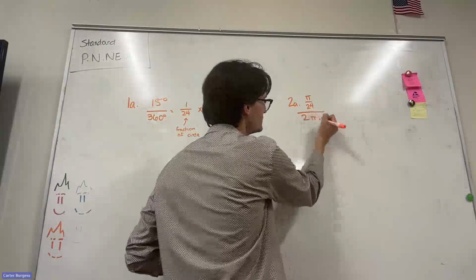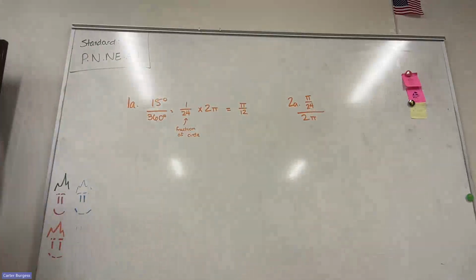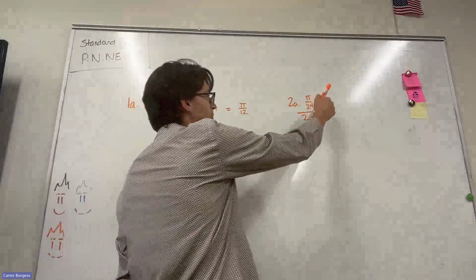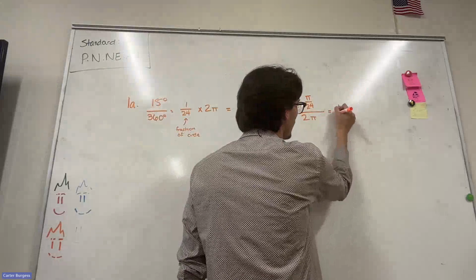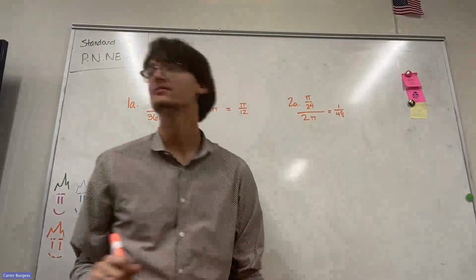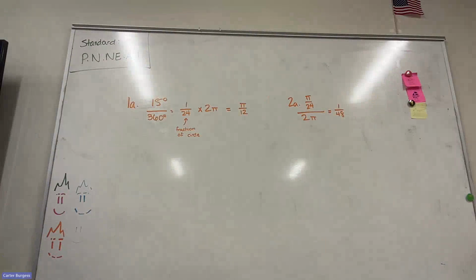Notice before a full circle was a 360-degree rotation. Now it is a 2 pi rotation. Plug it into your calculator or multiply into the denominator and cancel some pi's. Either way, I get that this is 1/48th of a full rotation, full circle. And what do I need to do to convert 1/48th of the way around my circle into degrees?